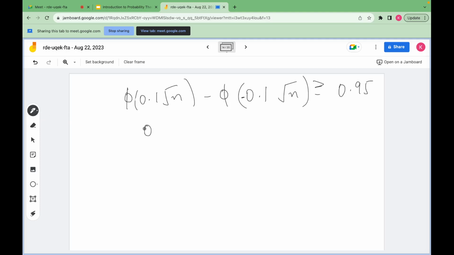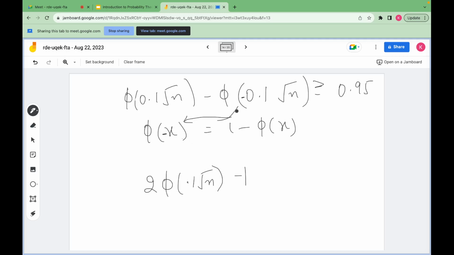So this is the property of this psi function, that psi of minus x is 1 minus psi of x. So we can write it as 2 of psi of 0.1 root n minus 1. Okay, this is written in this way.